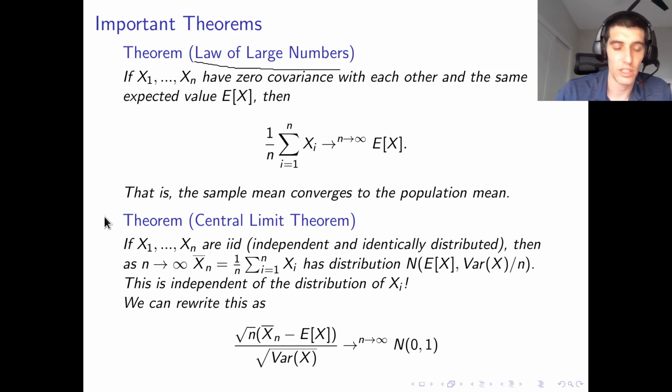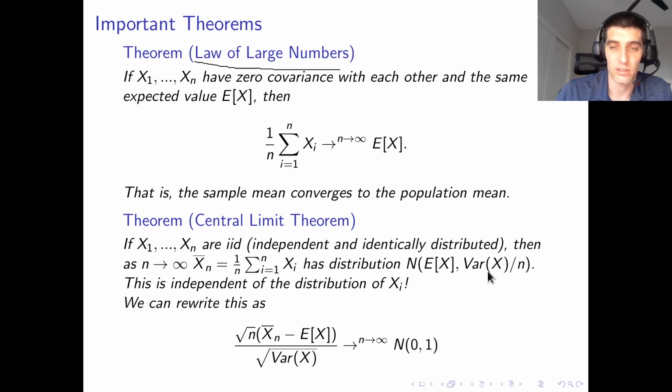Another important theorem, which you've seen in your statistics class, is the central limit theorem. One statement is as follows. If x1 through xn are IID, that is, independent and identically distributed, so they all have the same distribution and are independent of each other, then as n goes to infinity, as the number of samples gets large, the sample mean has a distribution which is normal, with mean expectation of x and variance variance of x over n.